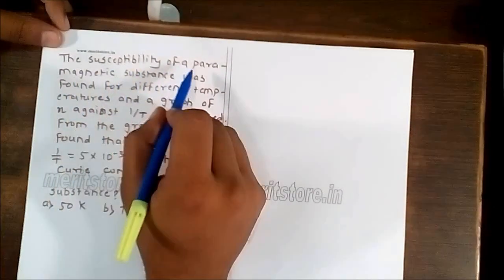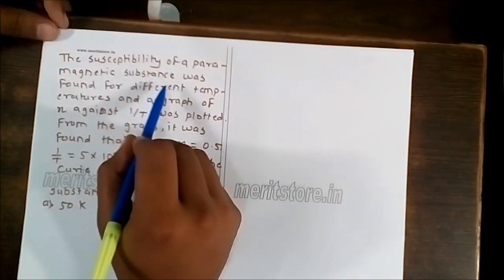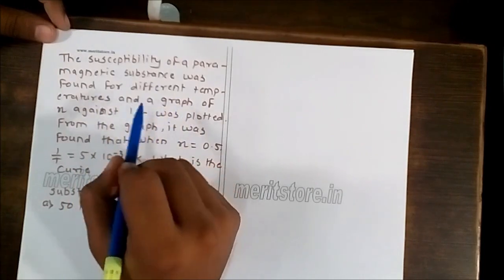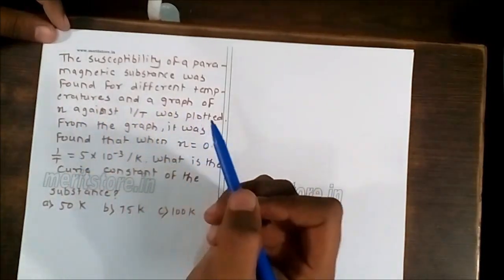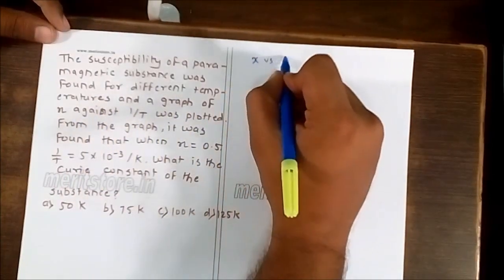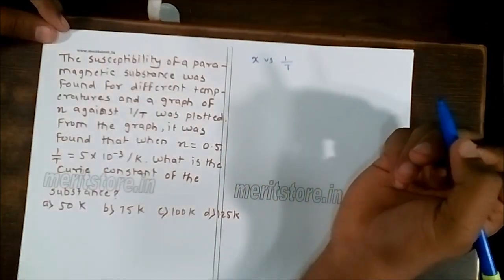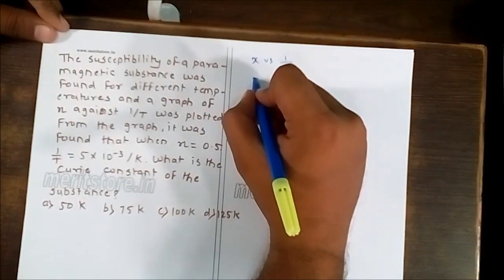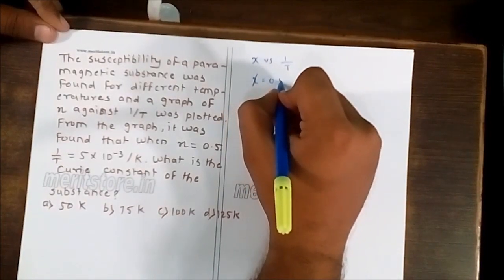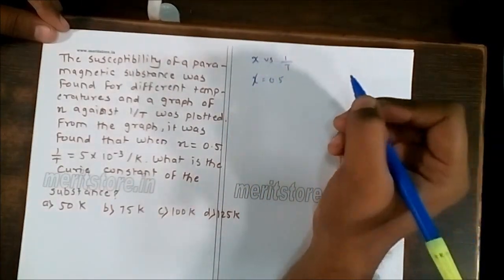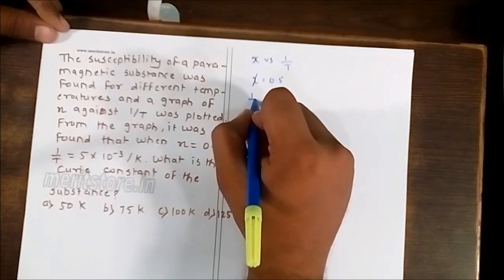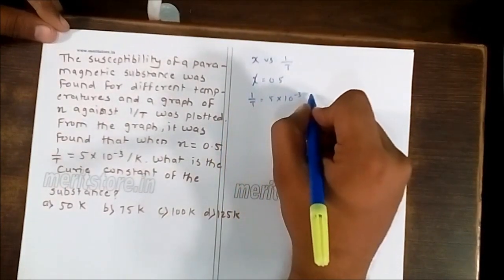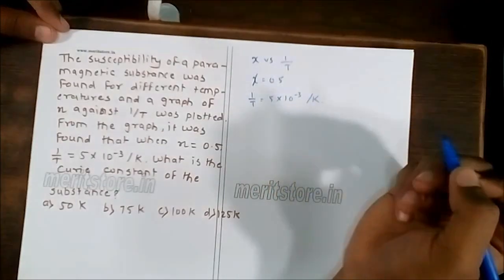The susceptibility of a paramagnetic substance was found for different temperatures, and a graph of chi versus 1 by T has been plotted. From the graph it was found that when susceptibility is equal to 0.5, 1 upon T is 5 into 10 raised to minus 3 per Kelvin.